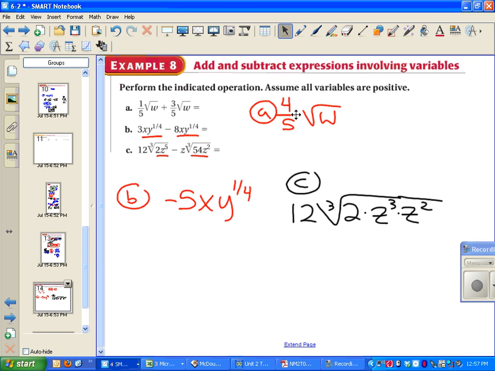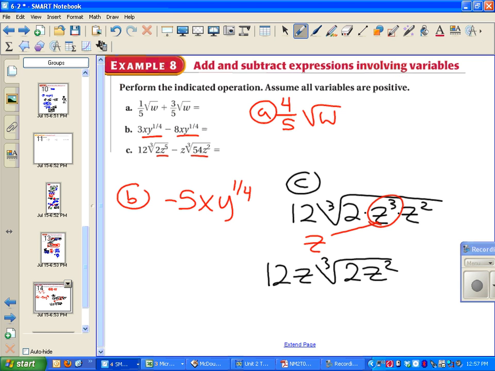Right? So the only thing that comes out to play here is the cube root of z cubed. So that comes out as 1. So for the first part, I have 12z times the cube root of what's left, so 2z squared.